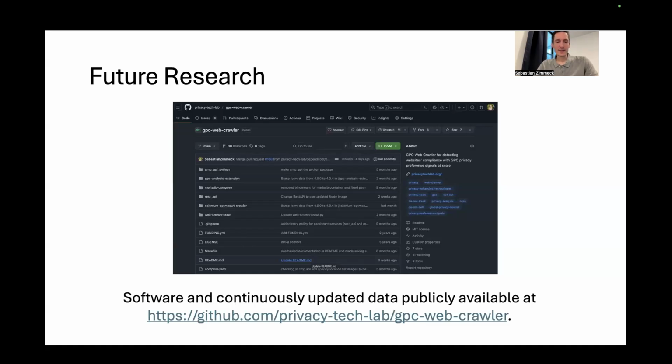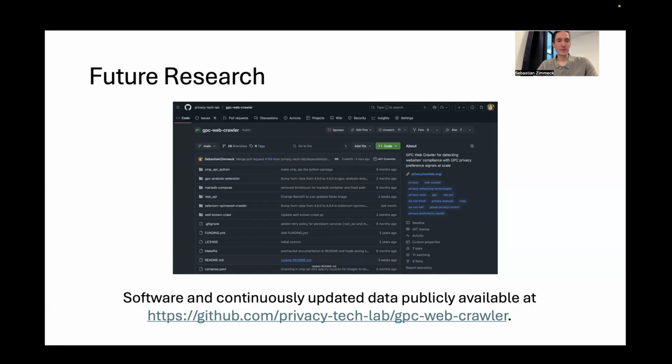Now, if you want to analyze the data, it is available to you as well as our software. And we will go forward with crawls every 3 months. And we will also make state data available that we did not discuss in the paper.